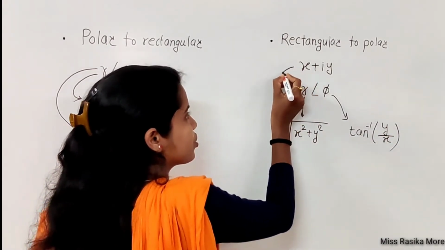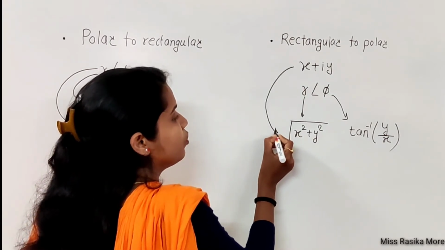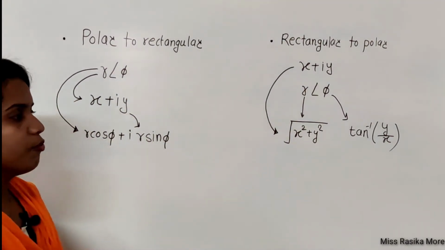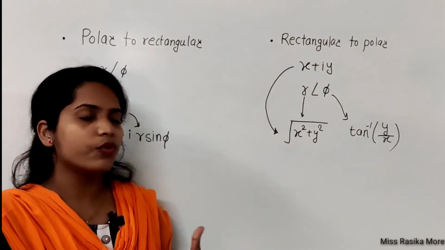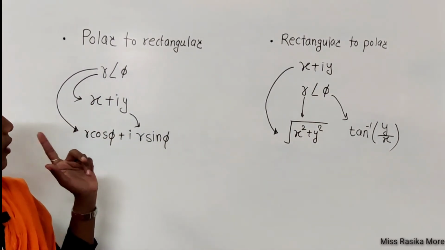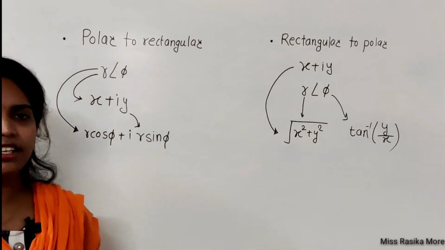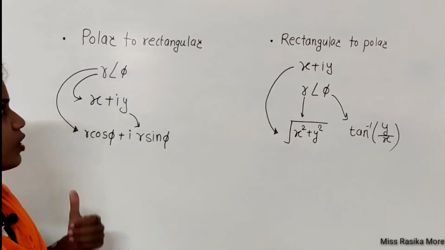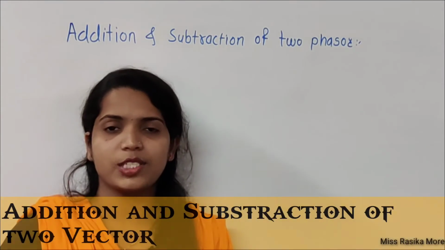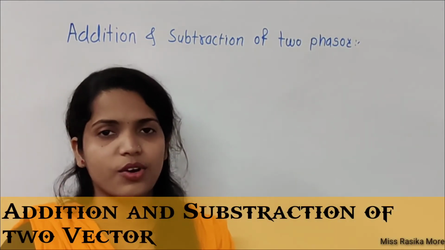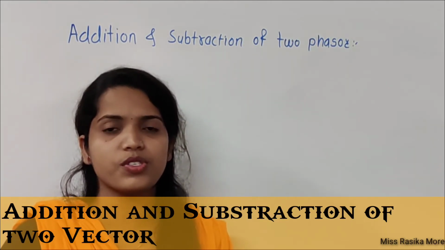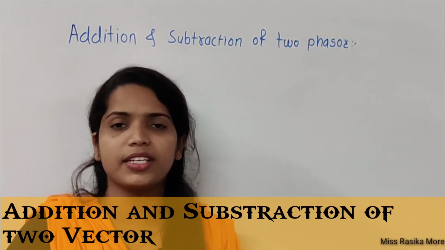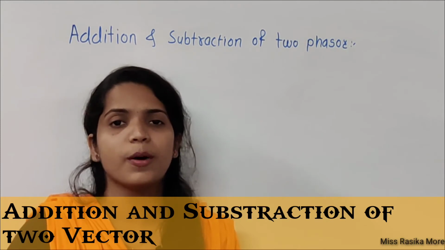So this is the conversion from rectangular to polar form. So if we have to add or subtract two phasors, we must use rectangular form, and for division and multiplication we must use polar form.